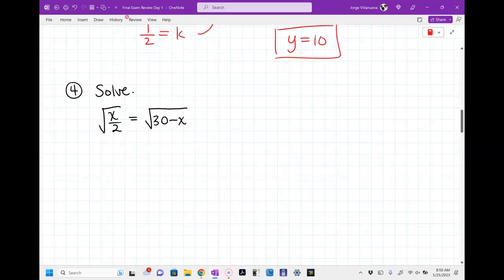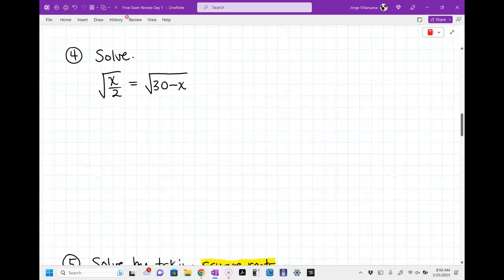All right, question 4. Just solve. They don't tell you how, but it just says solve. I mean, there is a big hint what you need to do. What do you notice? What sticks out for these?